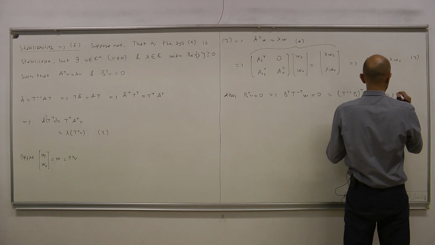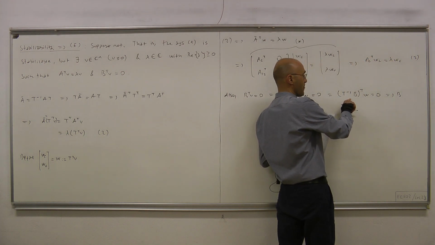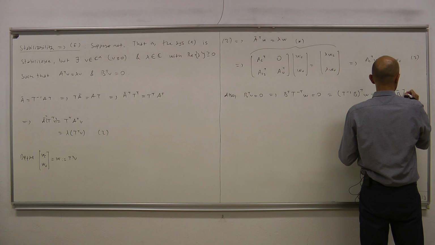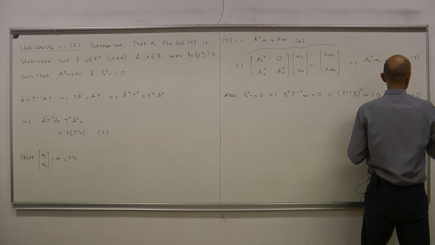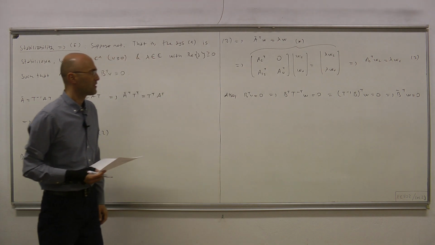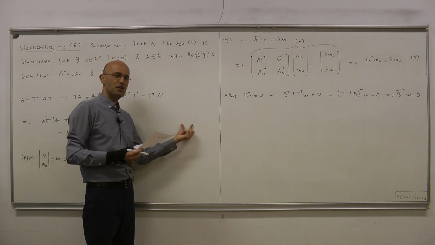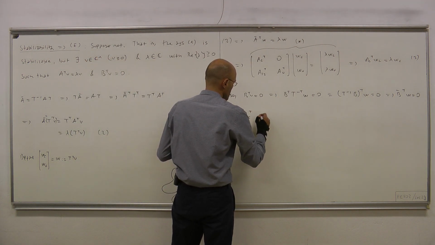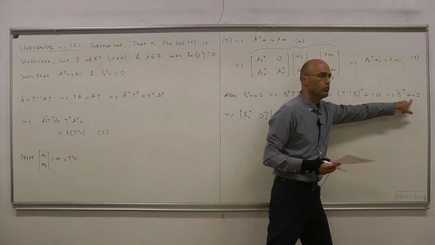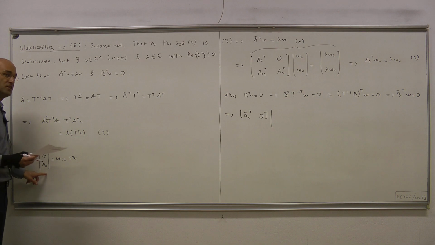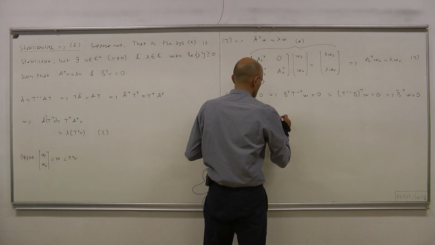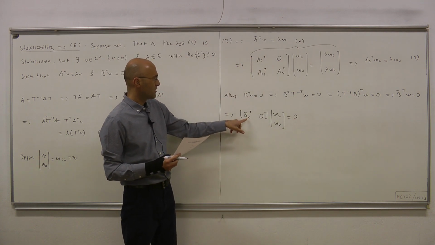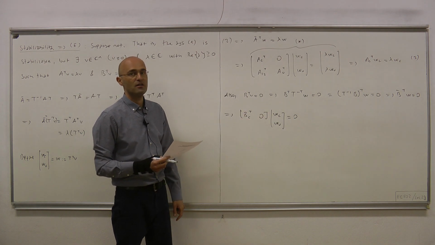T inverse times B was B bar, so that means B bar transpose times W equals 0. Now let's remember the shape of B bar. B bar was B_C and 0. So B bar transpose is B_C transpose times 0 times W, which we partition as W_C, W_U, and this equals 0. So that means B_C transpose times W_C equals 0.